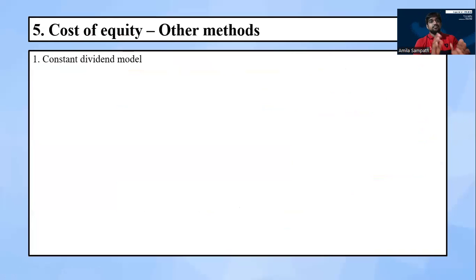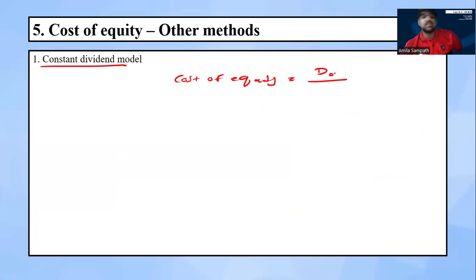In addition to the CAPM model, we can use a dividend model to identify the cost of equity. Using a dividend model, there are two ways to calculate. If that company pays a constant dividend for the future period, then simply we can calculate the cost of equity: it is equal to the dividend paid, because it is constant.